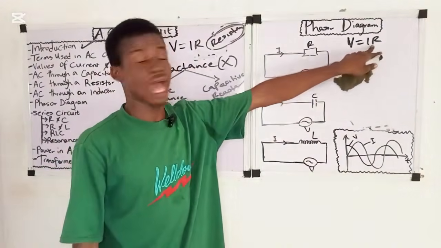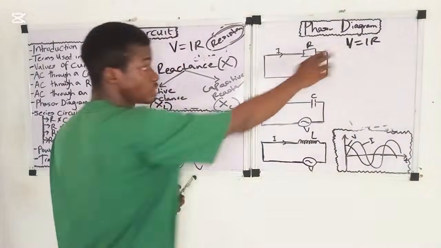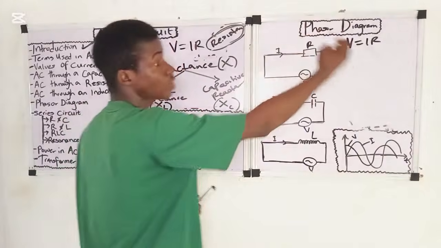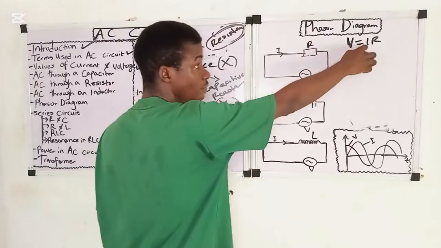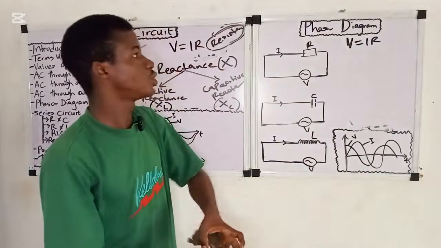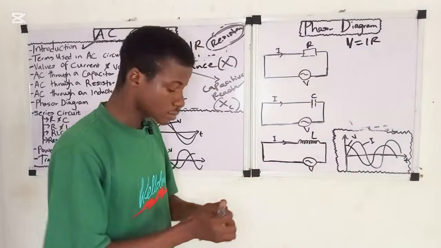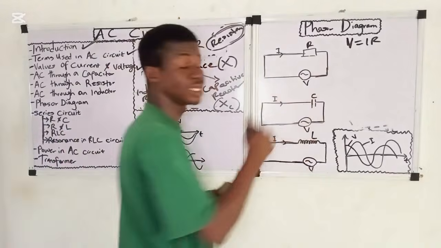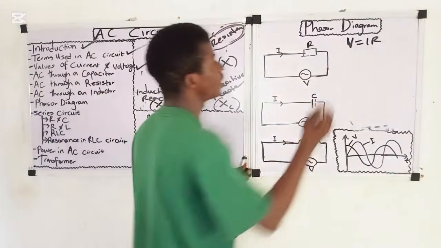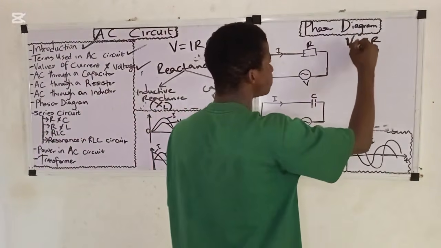So the voltage across a resistor is equal to the current flowing through that resistor times the resistance of that resistor, right? So we can do something like this. We will need to specify, because in an AC circuit there are different voltages. So we specify V subscript R.